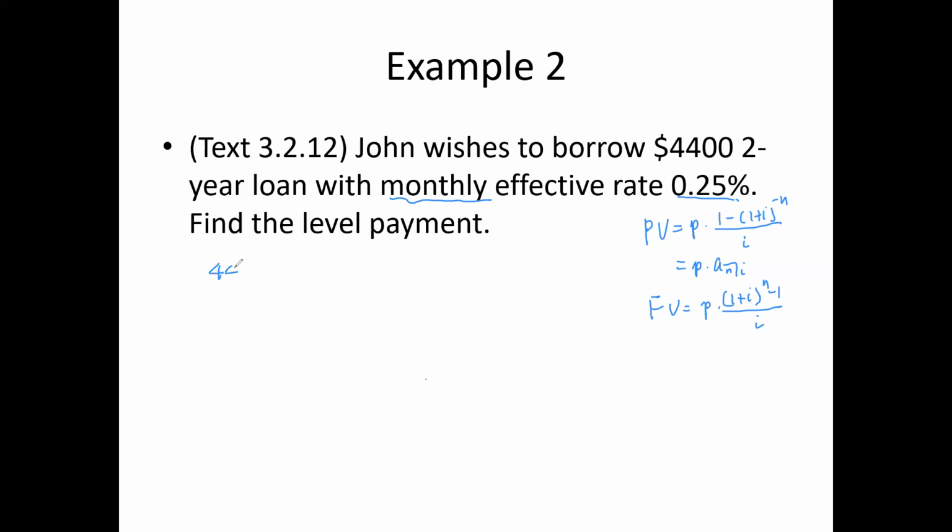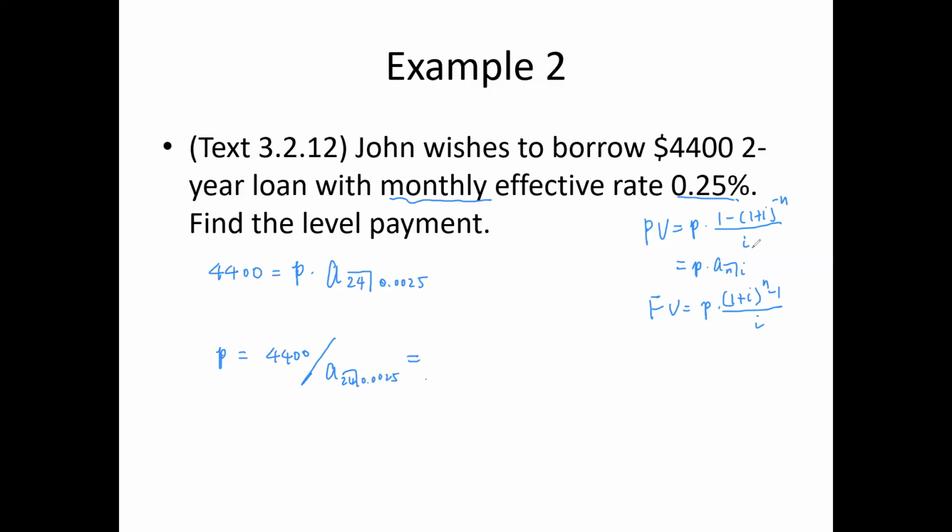So 4400 equals the level payment. We need to look for that. It's a sub n, where n is 2 years, 24 months, with monthly rate 0.0025. So P equals 4400 over a sub 24 at 0.0025.